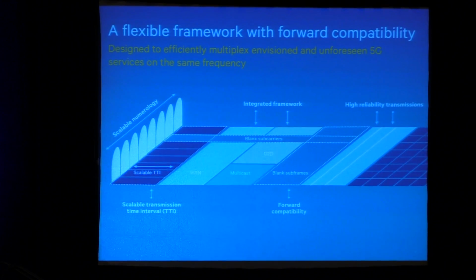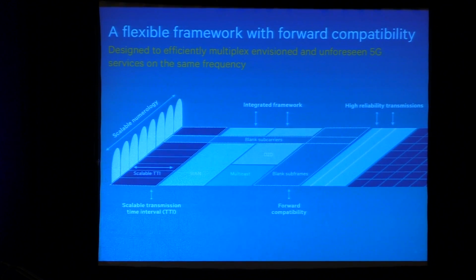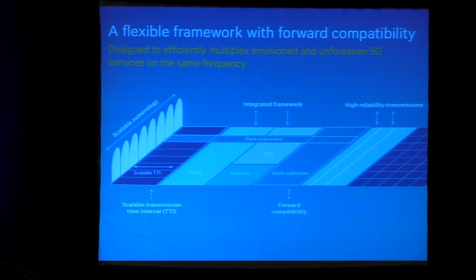Another section for blank, both blank in time and code. That means that's the ability to forward define some new waveform constructs that may be developed in the future and have them fit back into the same paradigm. Also the ability to puncture in high reliability transmissions, so when they have to go out for a critical application, the construct will support that.